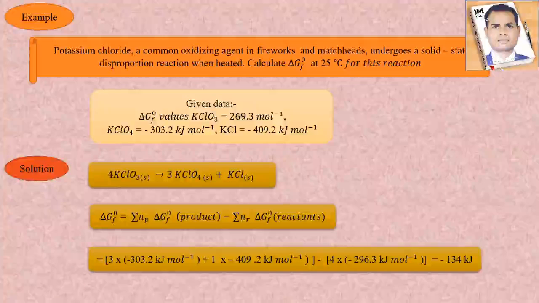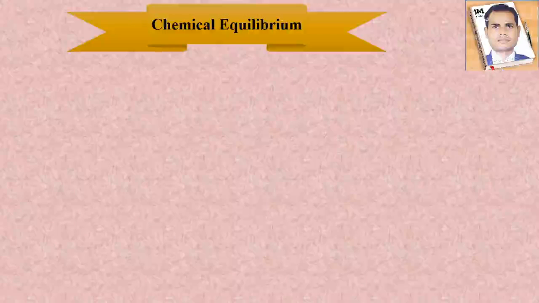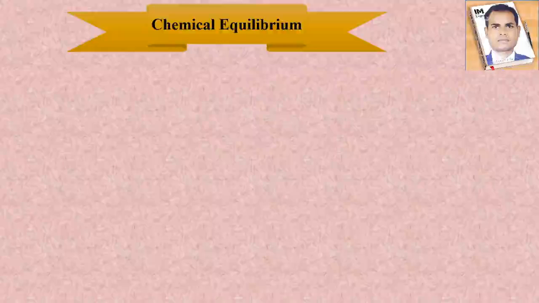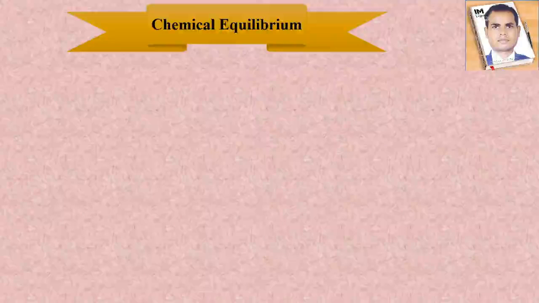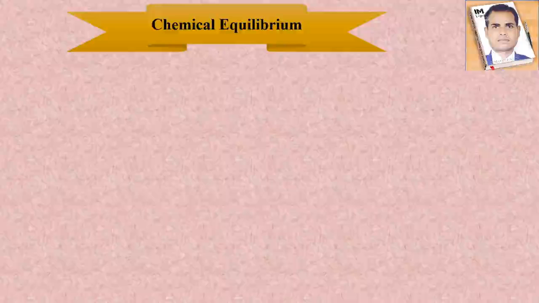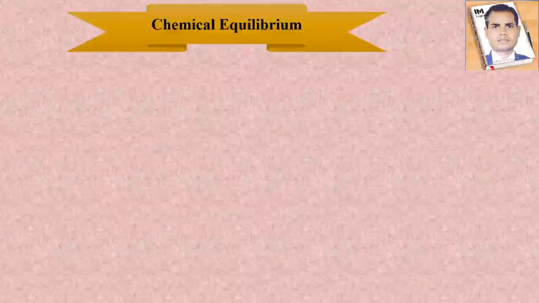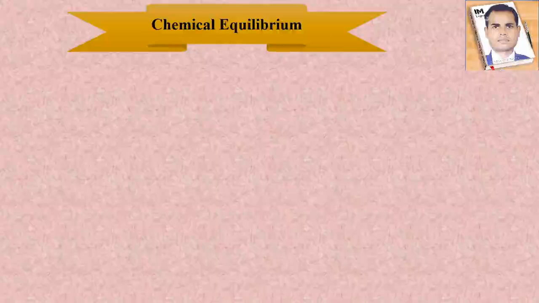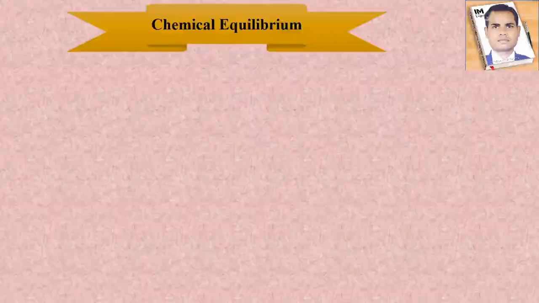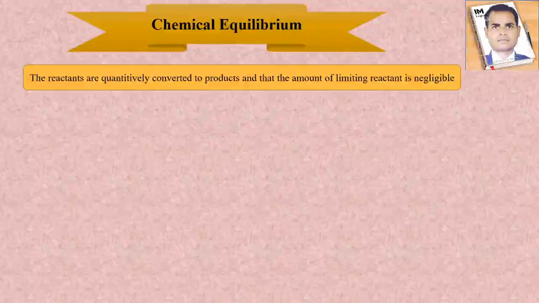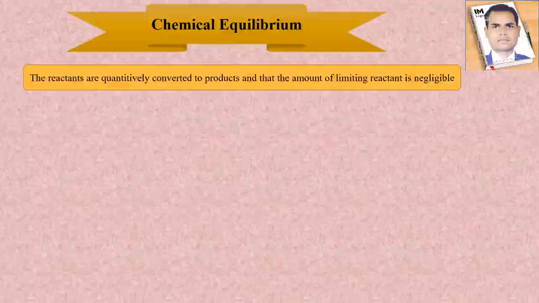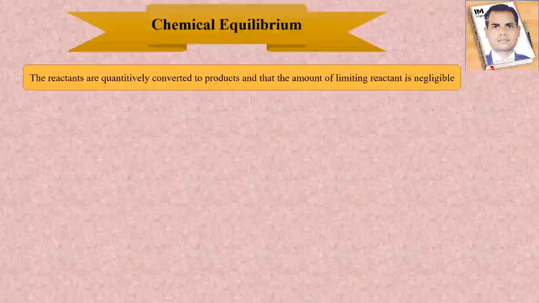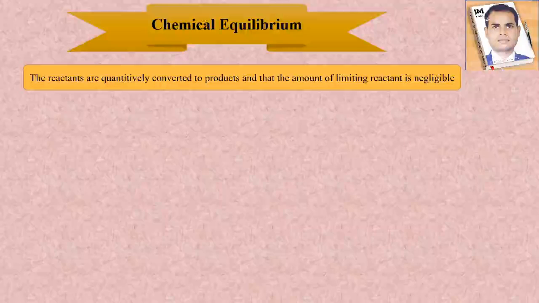Now we have to see the next topic, that is chemical equilibrium. Equilibrium means the reactant and product are both present in the reaction, and we have to see it in detail. Consider a reaction where the reactants are quantitatively converted to products, and the amount of limiting reactant is negligible.